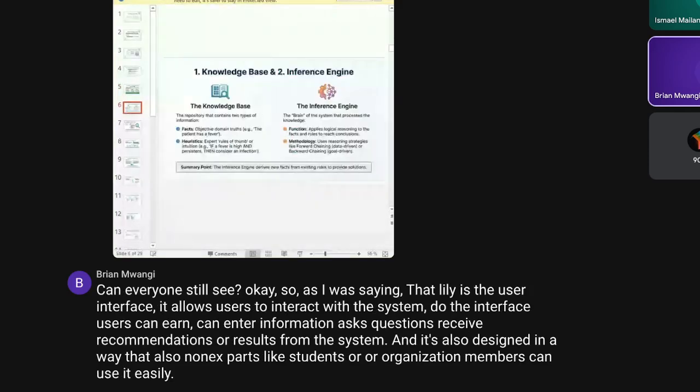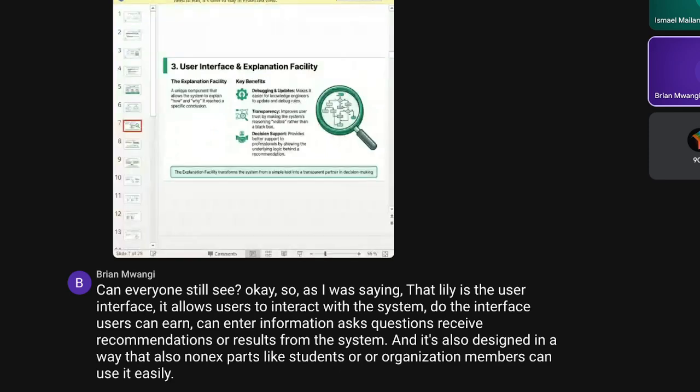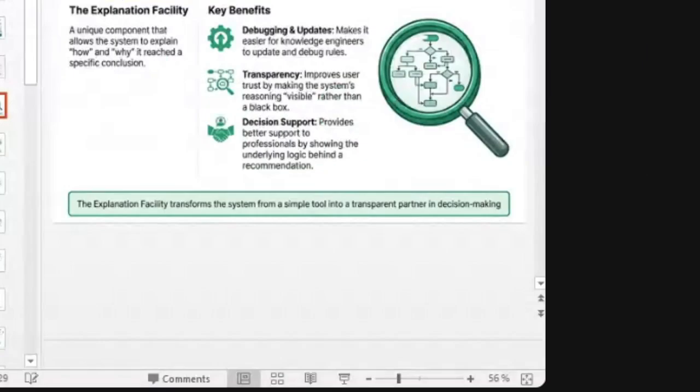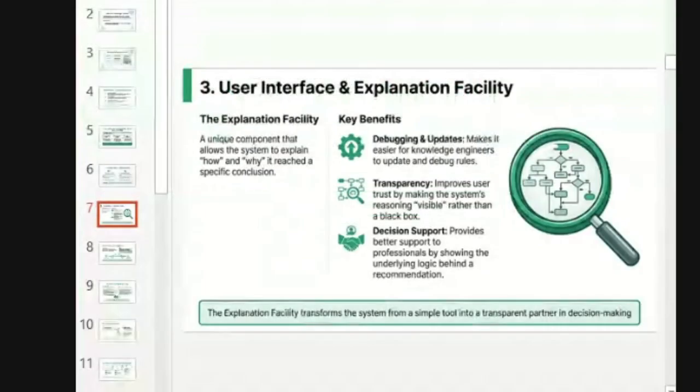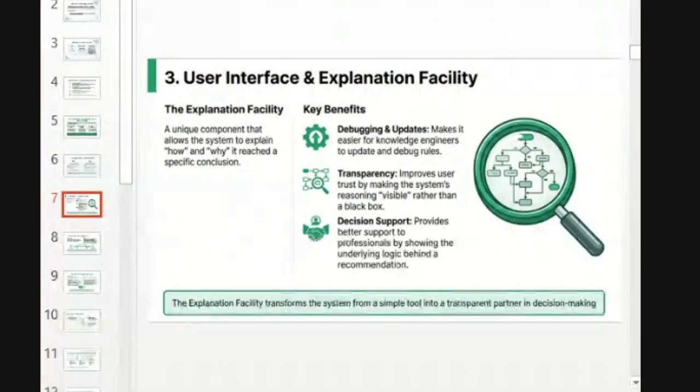Another key component, even though it's not listed as the top three, is called the explanation facility. It's a unique component that allows the system to explain how and why it reached a specific conclusion.